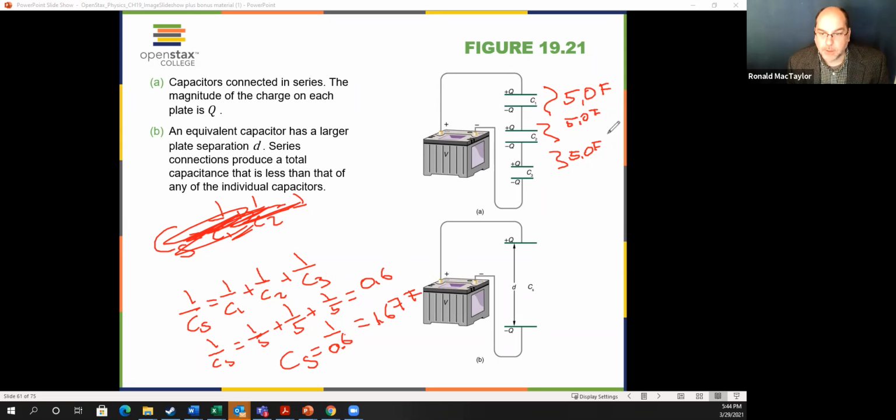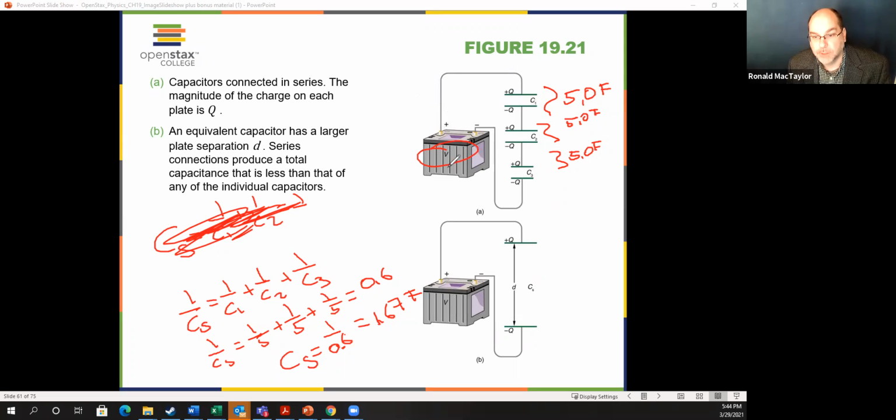So I took 3 capacitors, each with a capacitance of 5 farads, and I hooked them up in series, one after the other after the other. That means that the total voltage difference between the 2 terminals of the battery is divided up over all 3. And we know that capacitance is dependent on the voltage.